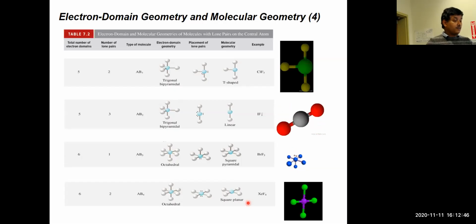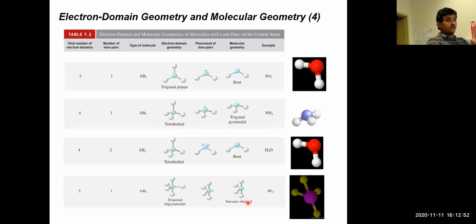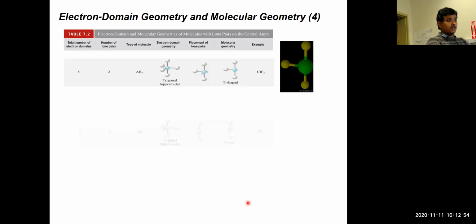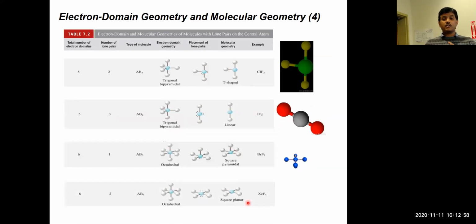Let me go back to the previous slide. We discussed 4 in this slide, and we discussed another 4 in this slide. So we discussed a total of 8 examples where electron domain geometry is different from molecular geometry.